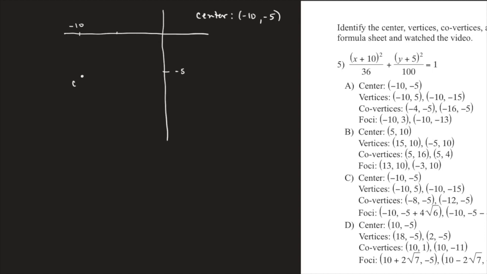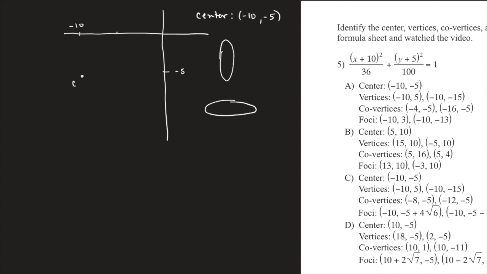Now, things to note, in the ellipse, you have values in the bottom, right? You have 36 and you have 100. And so the question is, does this ellipse look vertical? Is the major axis, which is the longer axis, running up and down, or does the major axis run side to side?